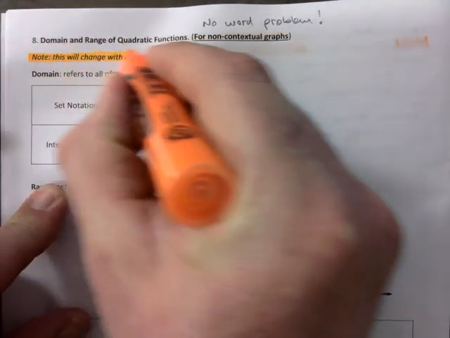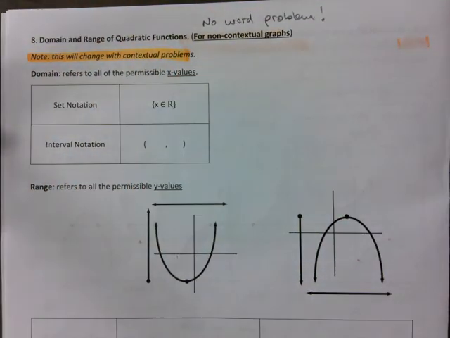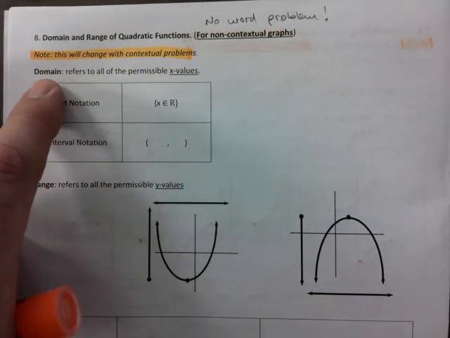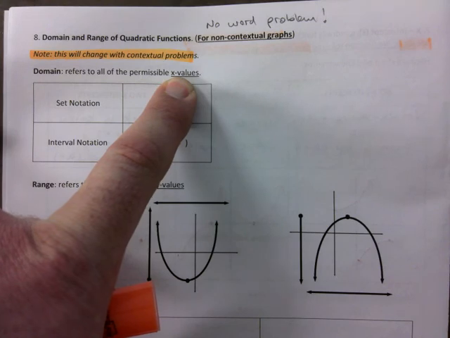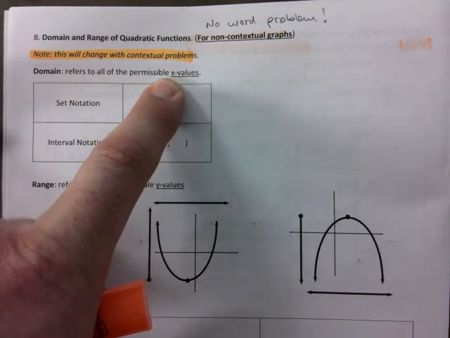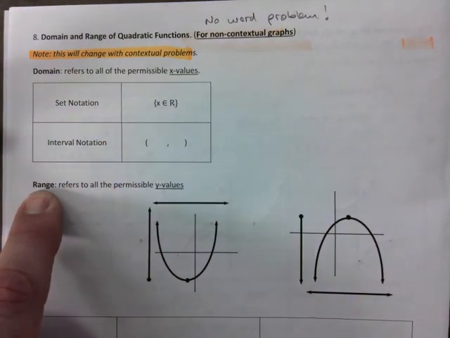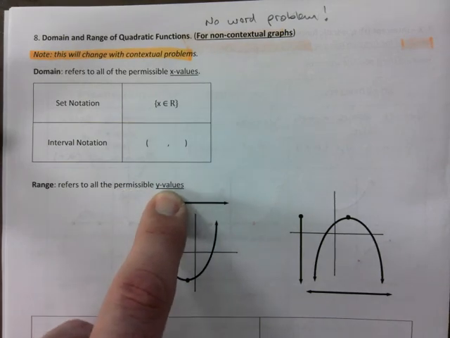No, right? This will change with contextual problems, okay? So how do I know? Well, if there's no word problem attached to the equation, you know it's not a word problem, right? So domain refers to all permissible x values, all of the x values that are allowed. And the range refers to all permissible y values.